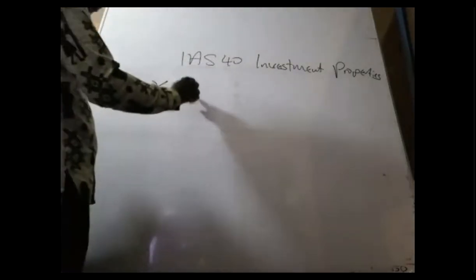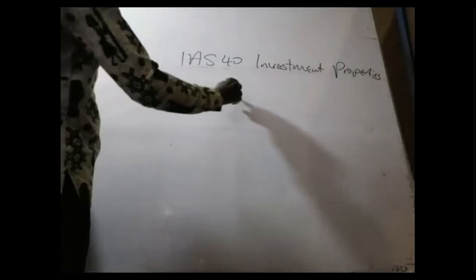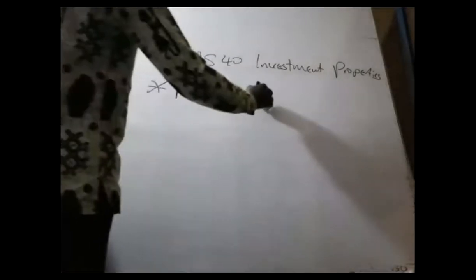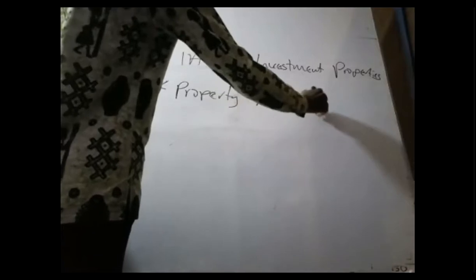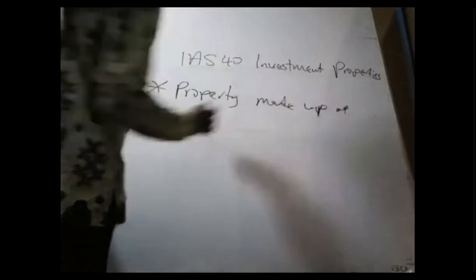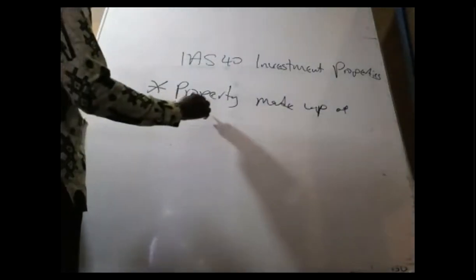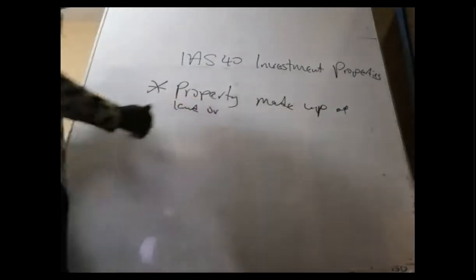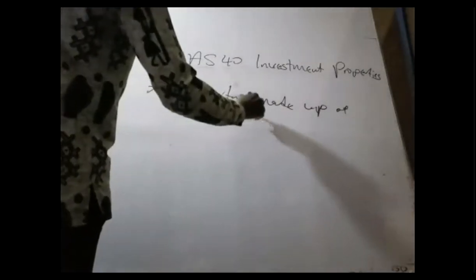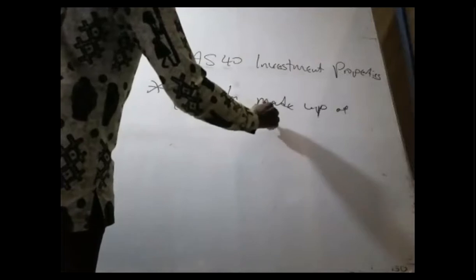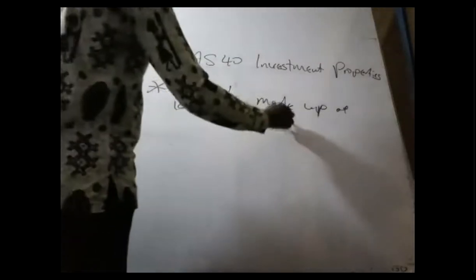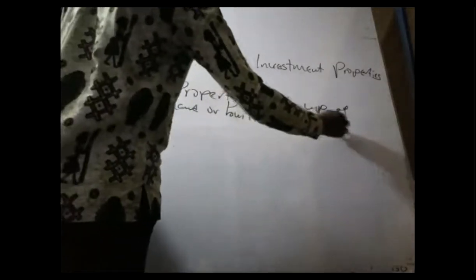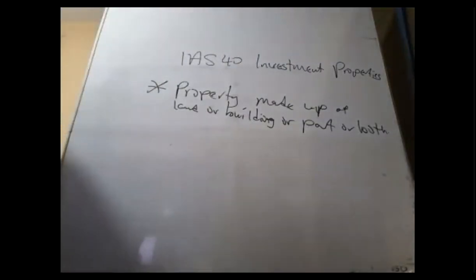It's a property. So the first term is: property made up of land, or building, or parts, or both. That's all.